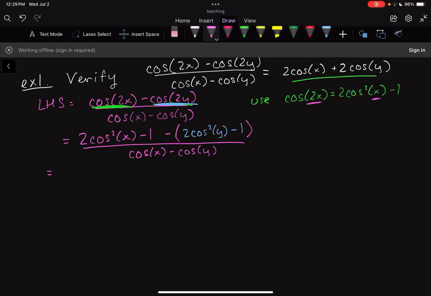Next, I'm going to simplify. So I get 2 cosine squared x minus 1 minus 2 cosine squared y plus 1. And this is divided by cosine x minus cosine y.